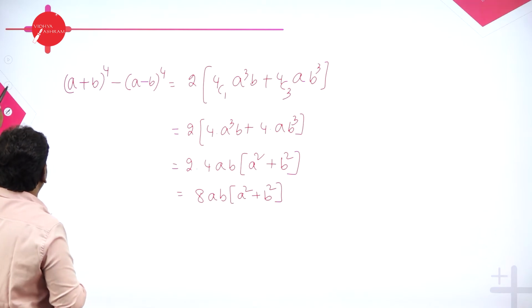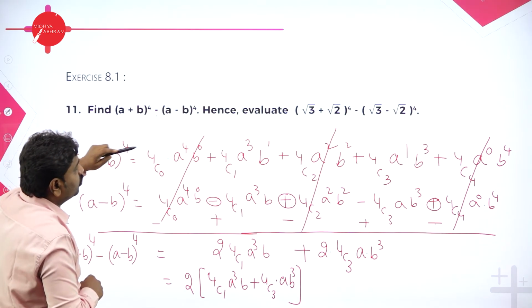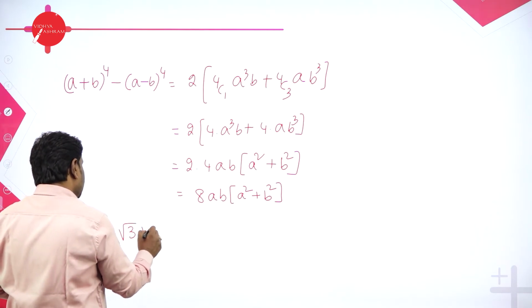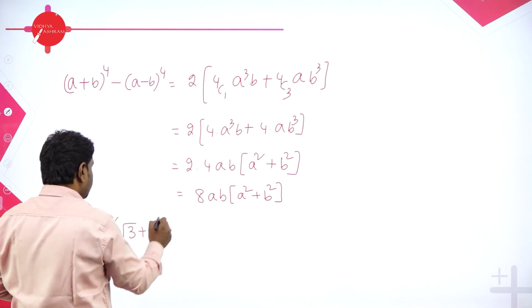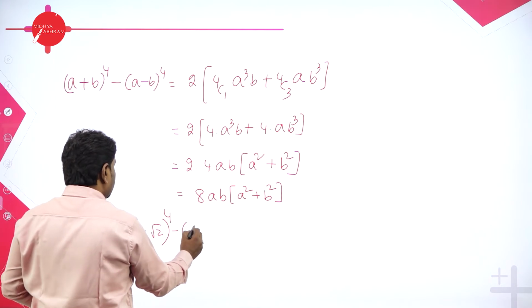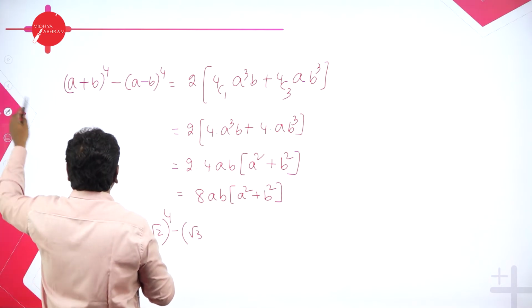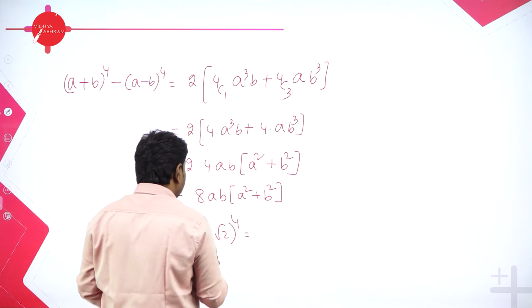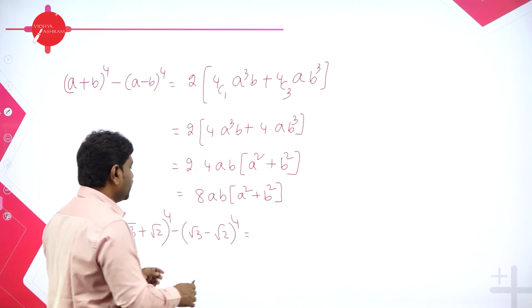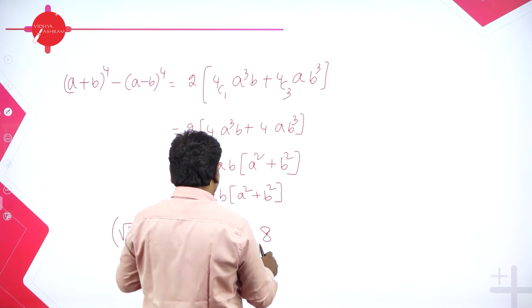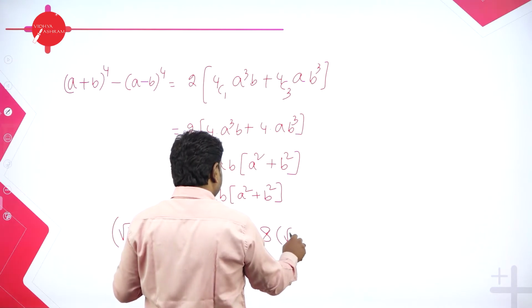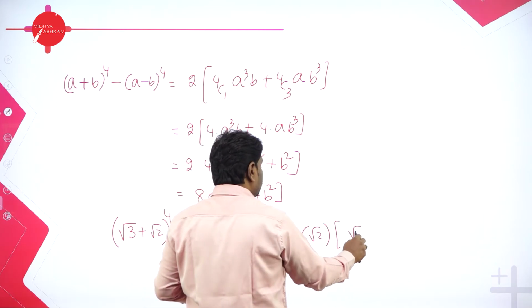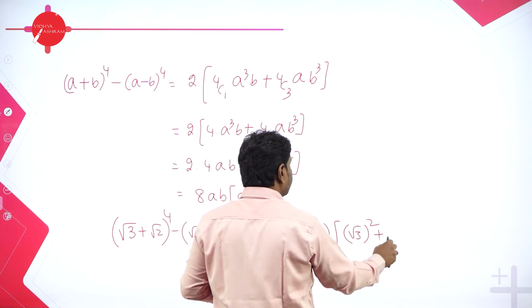Now hence evaluate what? (root 3 plus root 2) power 4 minus (root 3 minus root 2) power 4. It is the same as this. So I'll use this formula: 8 times a, what is a? Root 3, b is root 2, into (a square plus b square), root 3 square plus root 2 square.